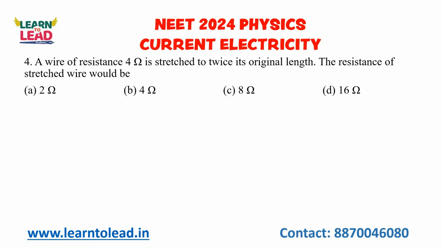A wire of resistance 4 ohm is stretched to twice its original length. What is the resistance of the stretched wire? Okay. Initially, we know the basic formula as R is equal to rho L by A, right?